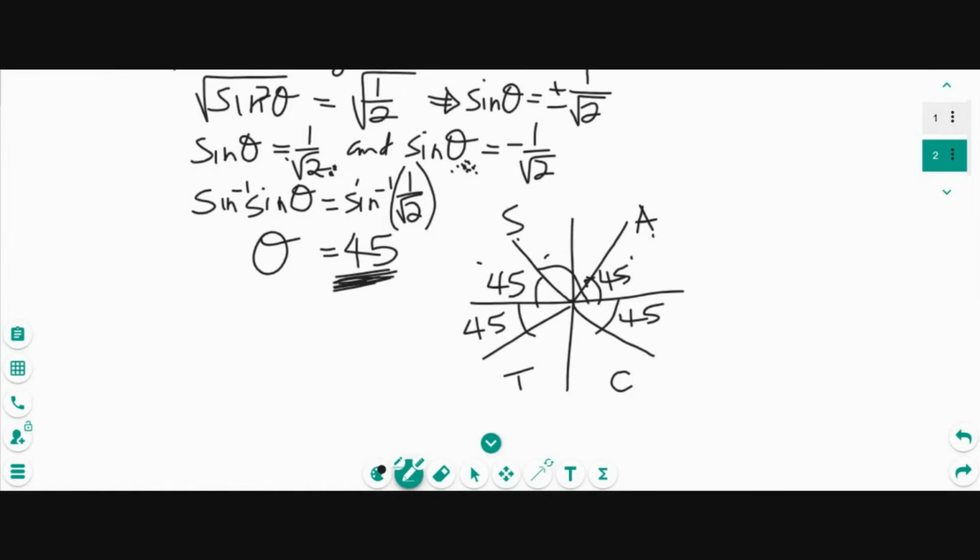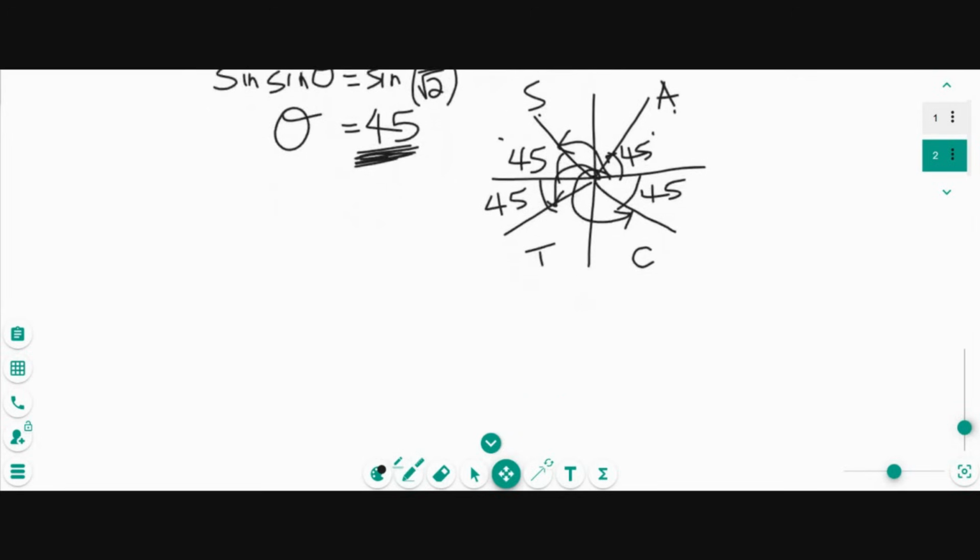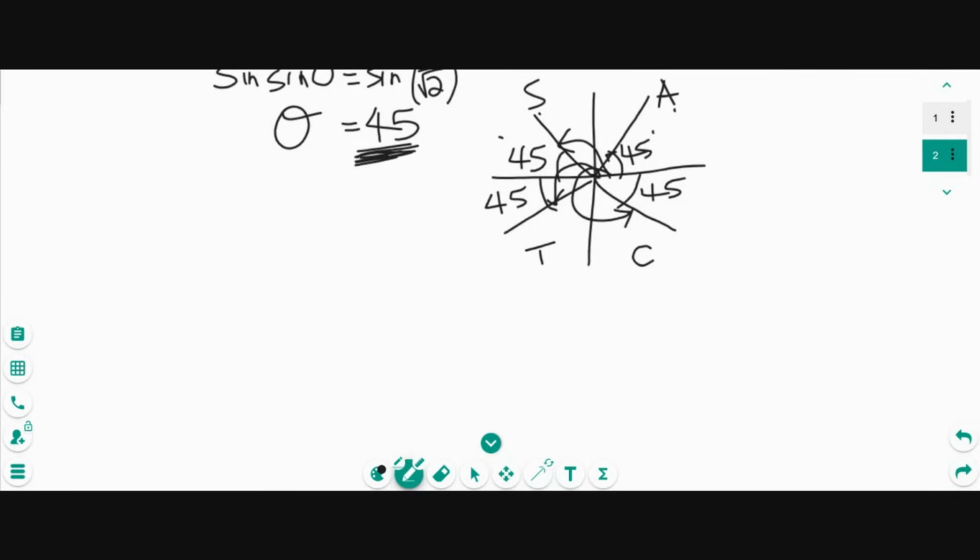I want to know what angle this is. I also want to know what angle this is. And finally, what angle this is. So all those together, that is my answer. Make sure they are in the range we were given of 0 to 360.